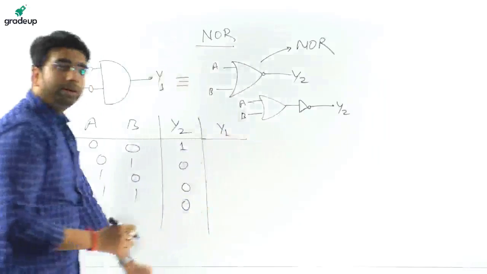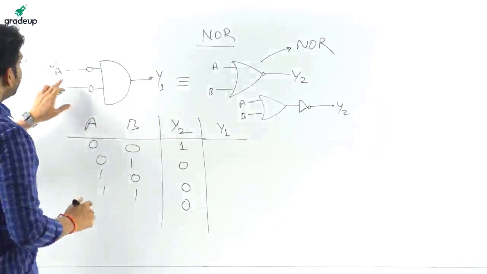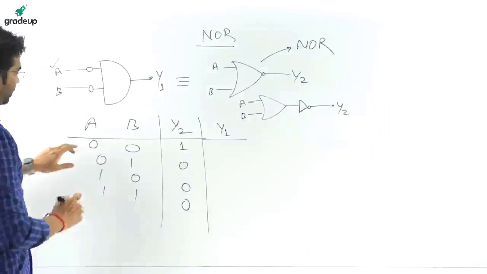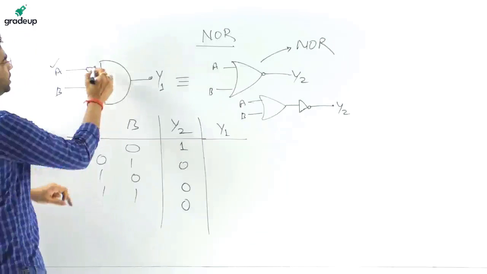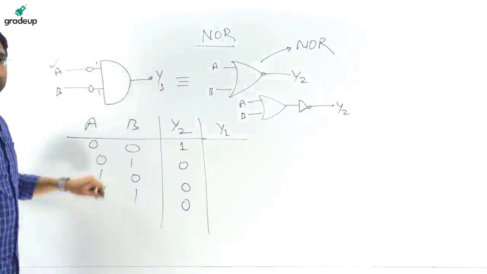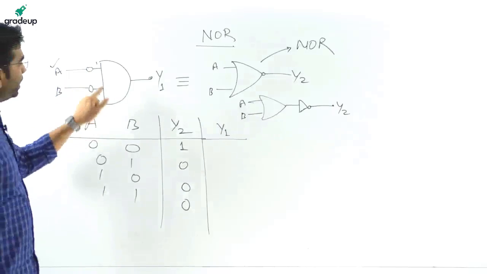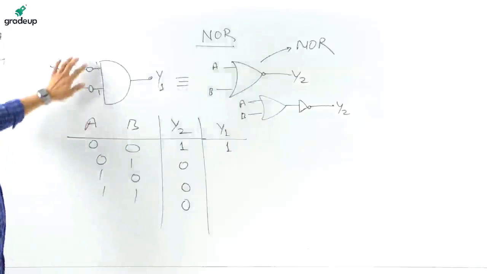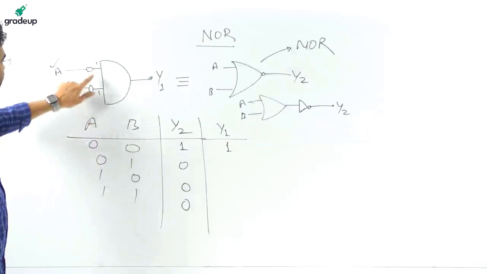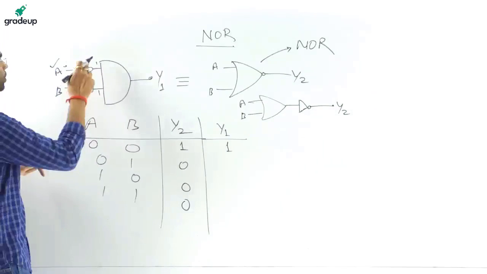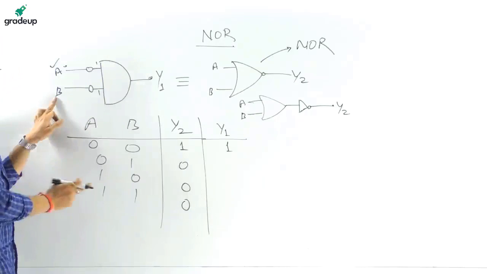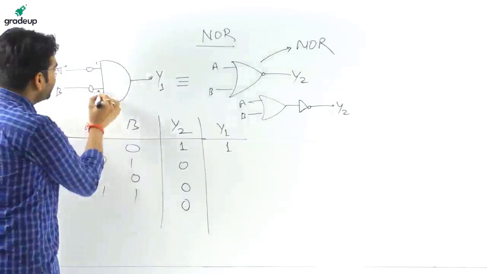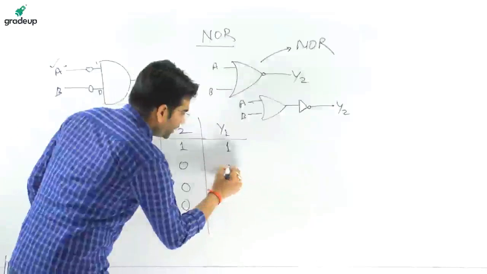Now it is Y1. A bar, B bar. The input which is reaching here is 1 and 1. AND of 1 and 1 will give 1. Okay, dear friends. Again, we have 0, 0 at this place, so it will be 1 at this place. Here A is 1, B is 1, so here we will be having 0.